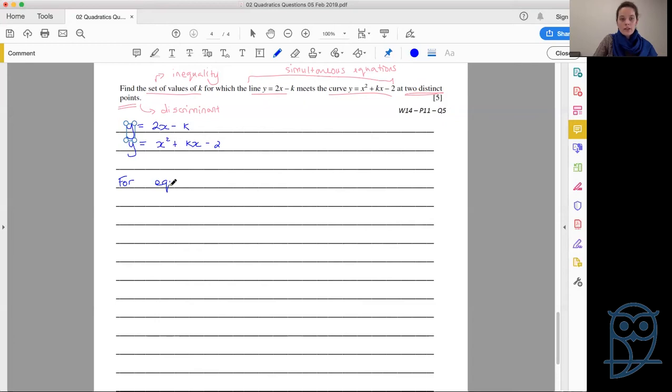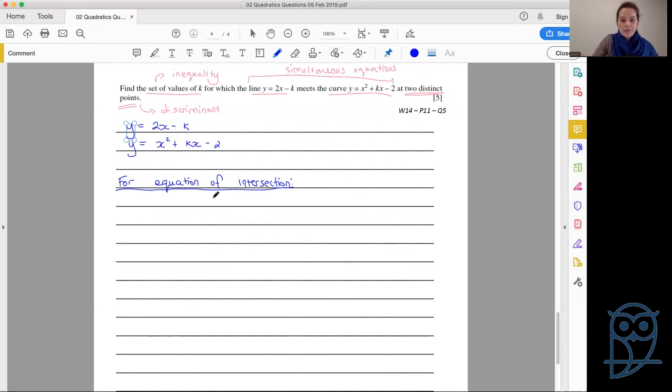So for the equation of intersection, we've got to combine those two. And to combine two equations, we need to put them together simultaneously. Both of these are y equals, so it makes our life so much easier.